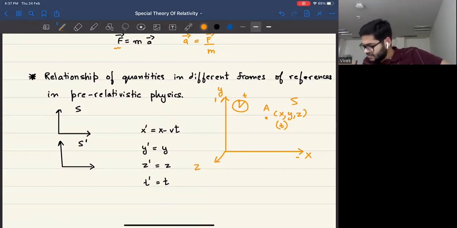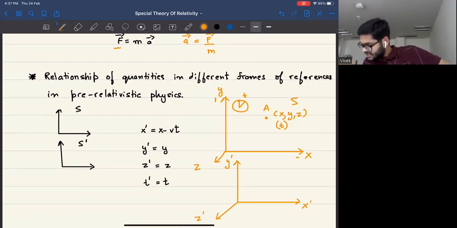Now we want to know about the position of this particle in a different frame of reference. Let us say that we are in a different frame of reference in which the coordinates are marked by x prime, y prime, and z prime.